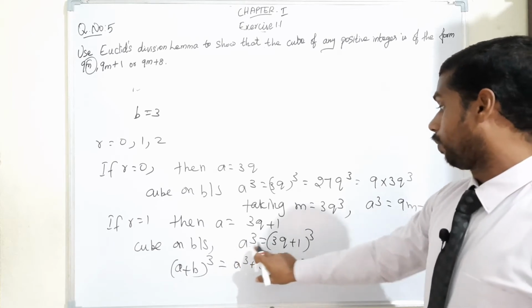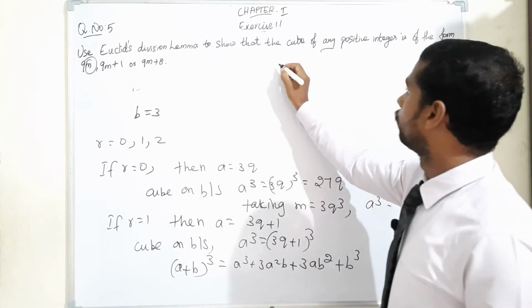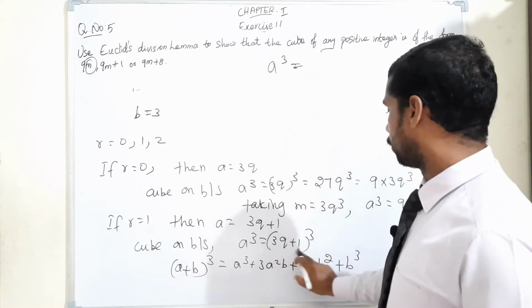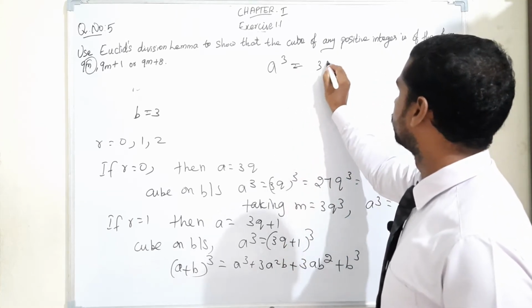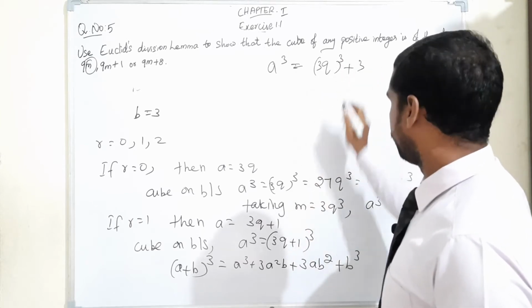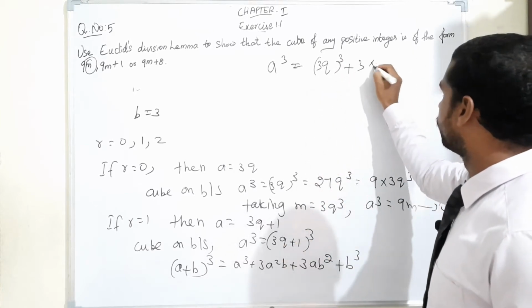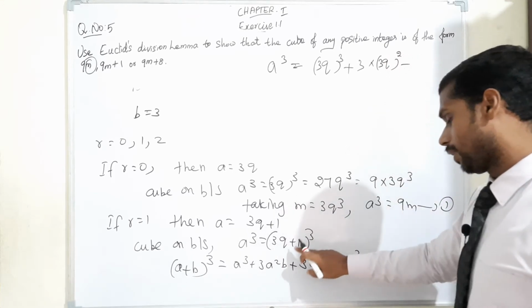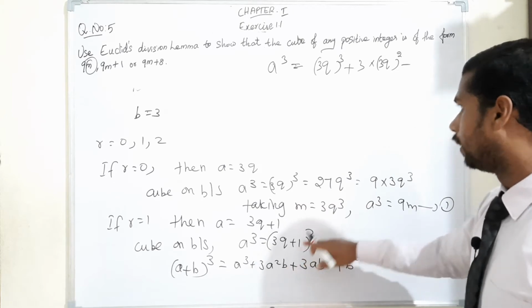So now one by one we need to apply. Therefore a cube is equal to 3q plus 1 the whole cube, which means 3q the whole cube, then plus 3a square b. a square means 3q the whole square, into 3. There is b only 1, so no need to write.